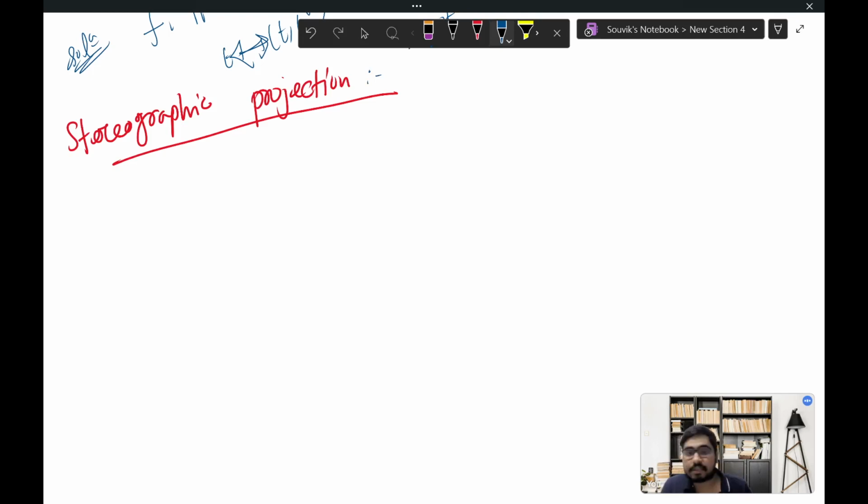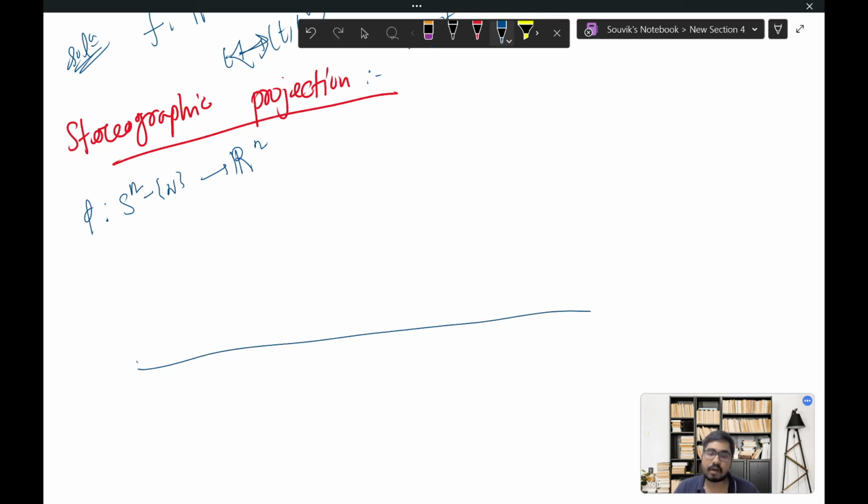So what is the stereographic projection? Let's understand it with a picture. This will be the last topic of today's seminar, and the last topic for this semester. Basically, stereographic projection gives a map from S^n minus the North Pole to R^n. How is the map constructed?